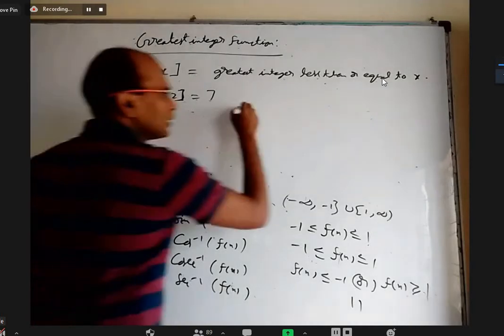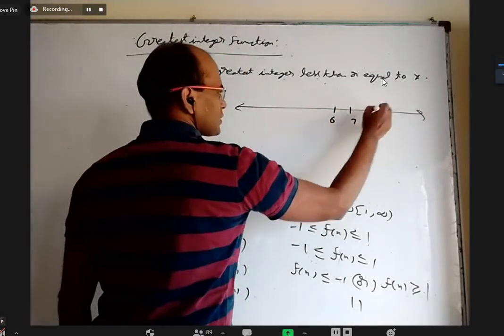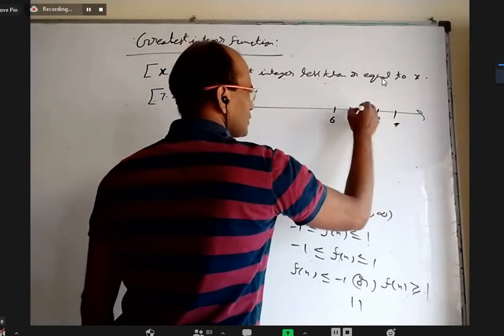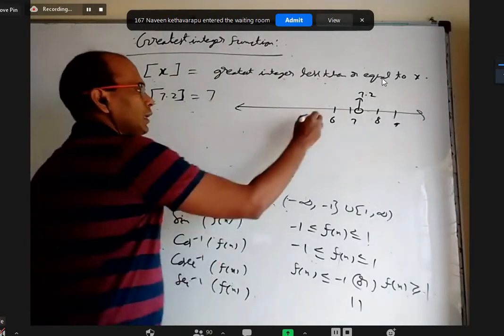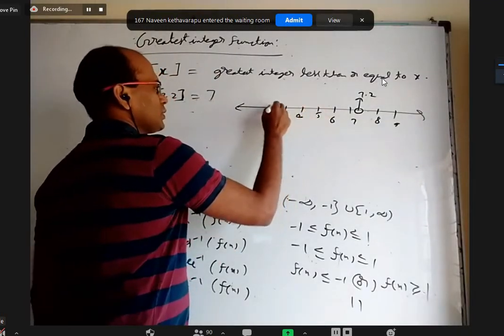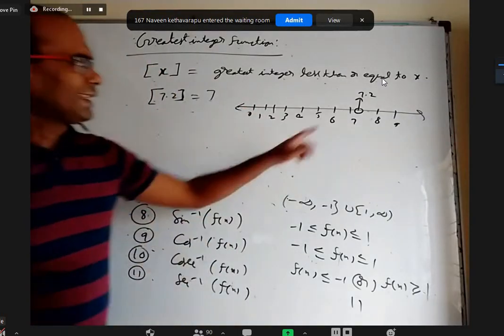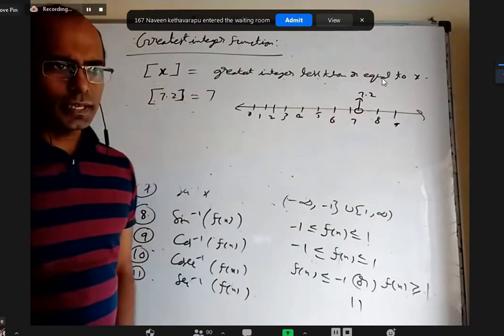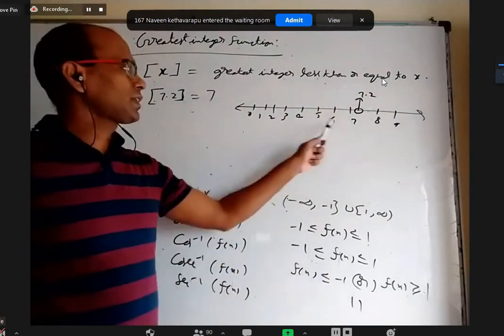Why? Take the number line. 6 is here, 7 is here, 8 is here, 9 is here. This is 7.2. I have 5, 4, 3, 2, 1, 0, and so on. Less than 7.2, what are the integers I have? 7, 6, 5, 4.